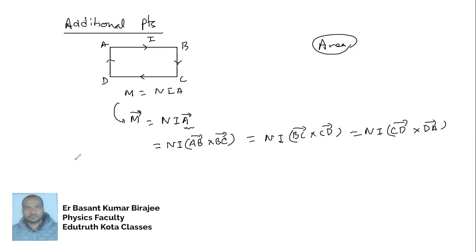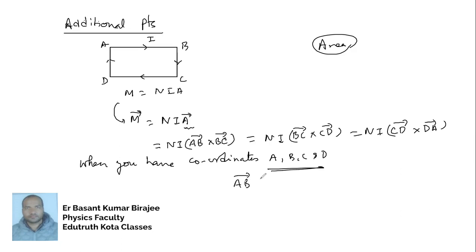Suppose you have coordinates of all these points A, B, C, D, then how can we express AB vector?